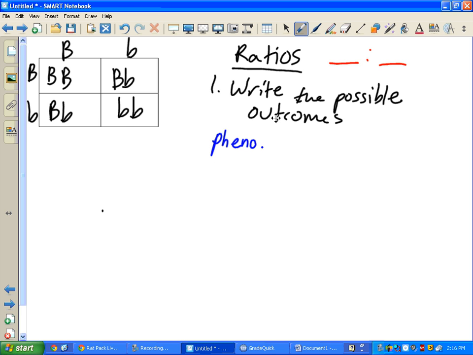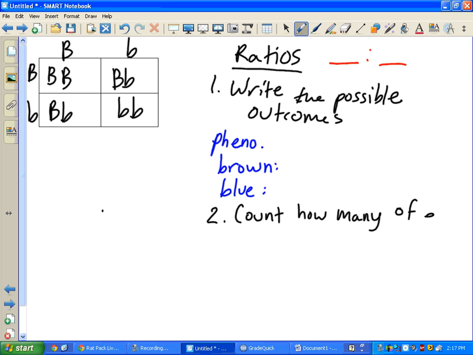Right? So all the possible outcomes are either brown, remember phenotype is physical appearance, or blue. Okay, so the next step is you count how many of each outcome, using outcome the same way that we did up here.